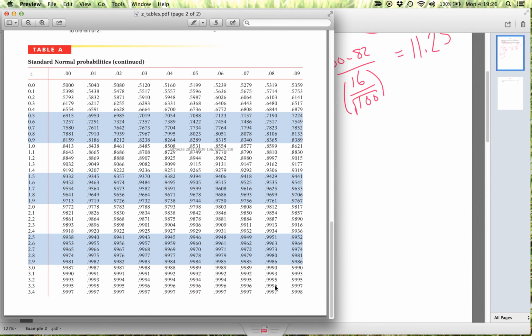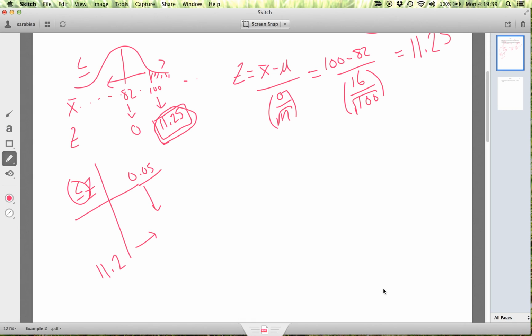We can see the trends that are building. We see that we're getting closer and closer to 1. If 3.49 is almost 1, then you can be very sure that 11.25 will be very close to 1. So although we can't see it on our table, we know that the cumulative probability of a z value of 11.25 will be approximately 1 or 100%.